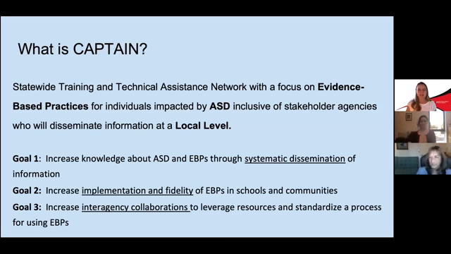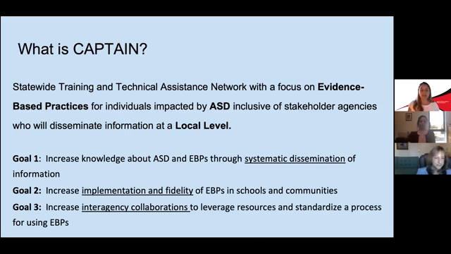The acronym stands for the California Autism Professional Training and Information Network. This is a statewide training and technical assistance network with a focus on evidence-based practice or supported practices for individuals impacted by autism. And it's inclusive of stakeholder agencies with the goal of disseminating information at a local level. There are key goals that are part of the CAPTAIN mission.